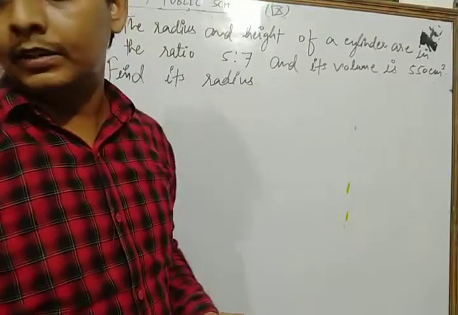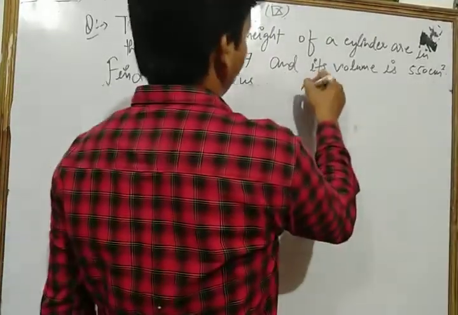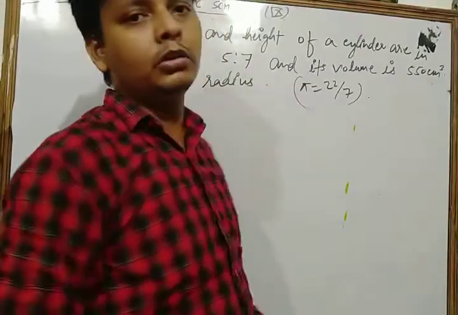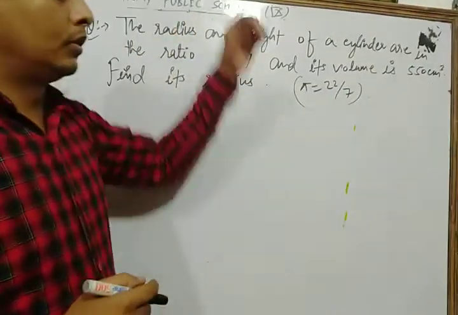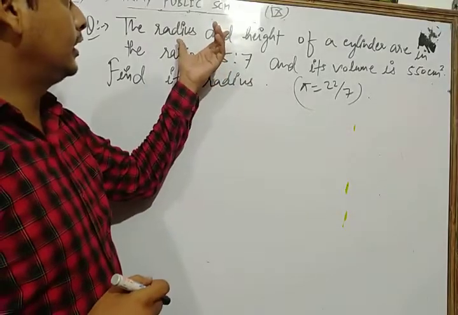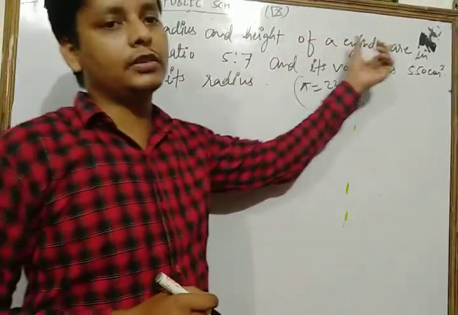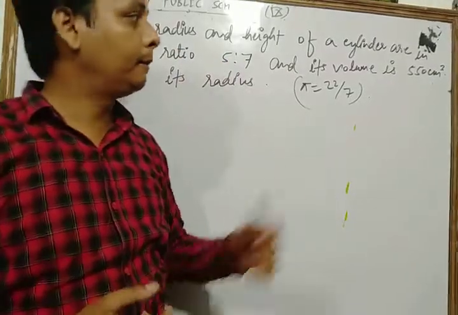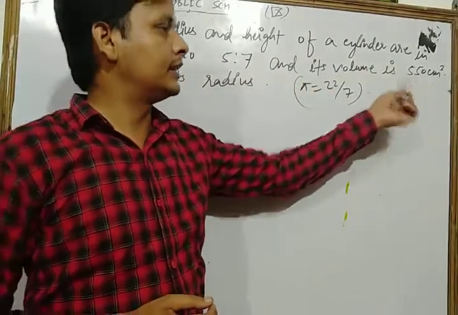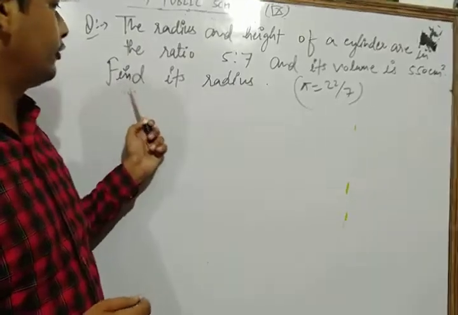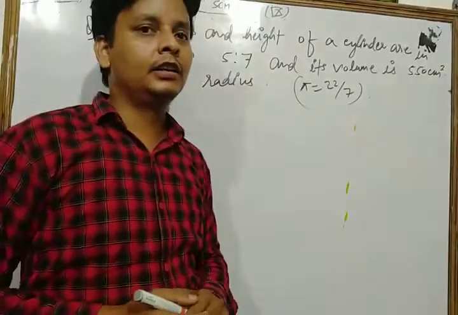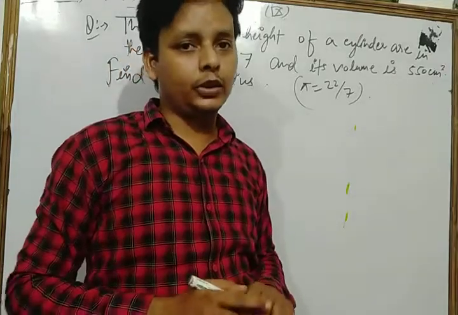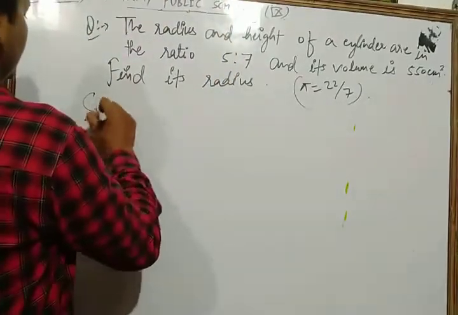Find its radius, and we take the value of pi as 22/7. This is given in your question. Okay, we find its radius, taking the value of pi as 22/7. Let's see its solution.